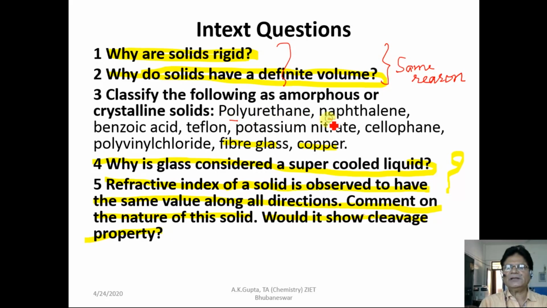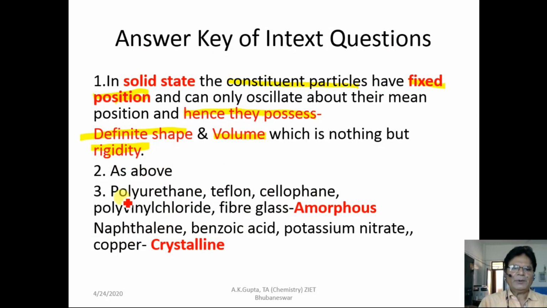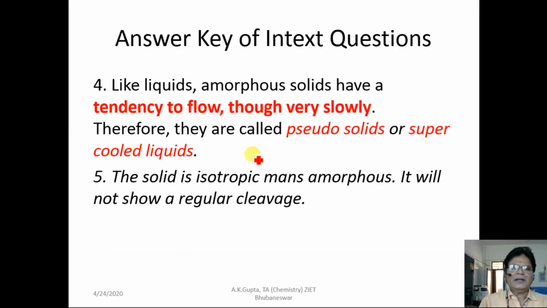After classification: polyurethane, Teflon, cellophane, PVC, these are polymers, and fiberglass. These are amorphous. And naphthalene, benzoic acid, potassium nitrate, and copper, these are crystalline. Like liquids, amorphous solids have a tendency to flow, though this tendency to flow is very slow. Therefore, they are called pseudo-solids or supercooled liquids.